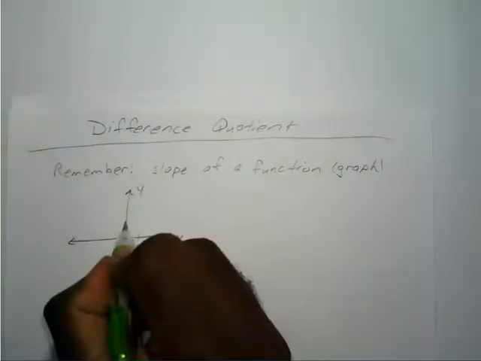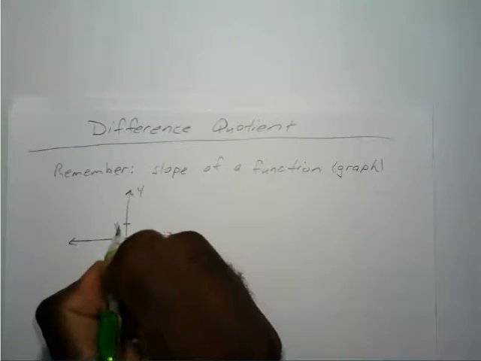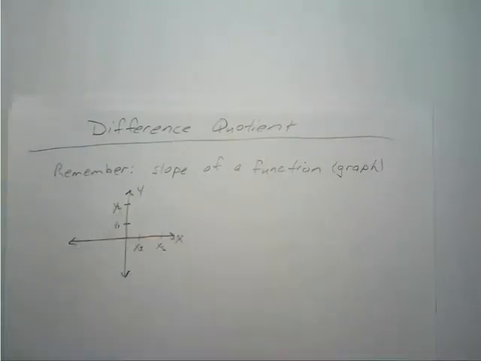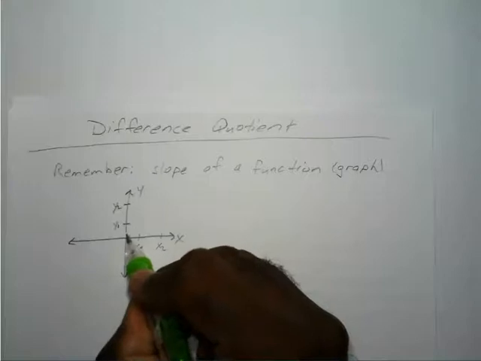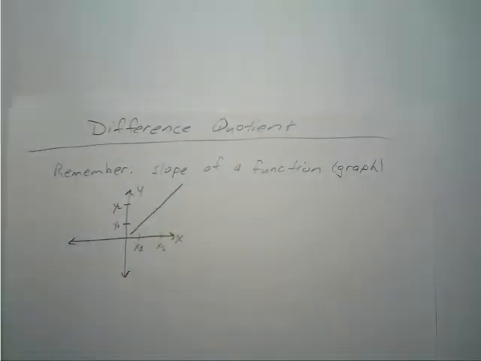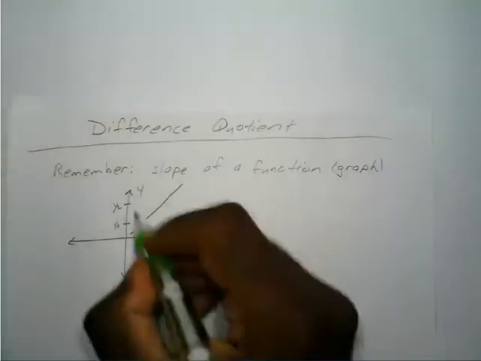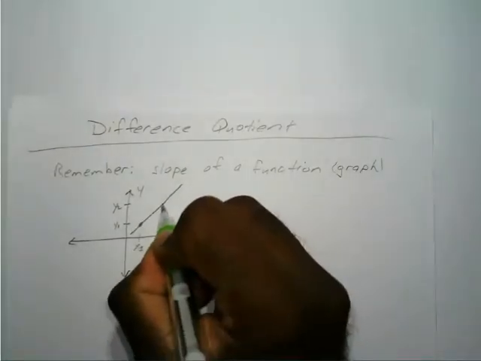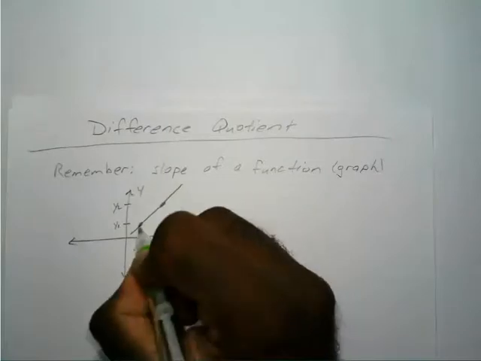We'll call this value y number 1, and this value y number 2. Let's say you have a linear function that goes through where those points intersect.